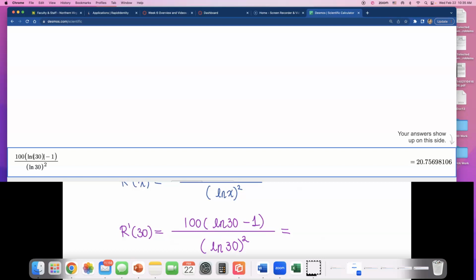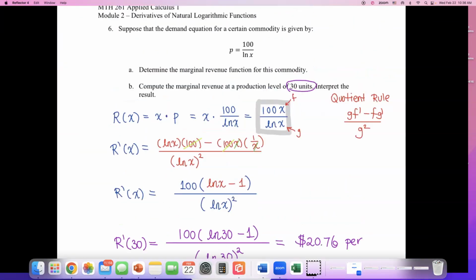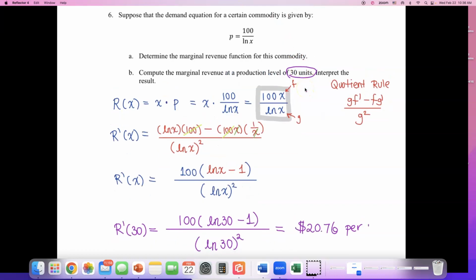So the answer is $20.76 per, I believe it was just called an item. Just unit, per unit, whatever this item is.